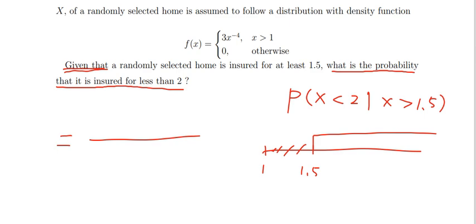So from 1.5, we just check what the chance is of being less than 2. We check how much this part counts for out of the total. The total is x larger than 1.5.